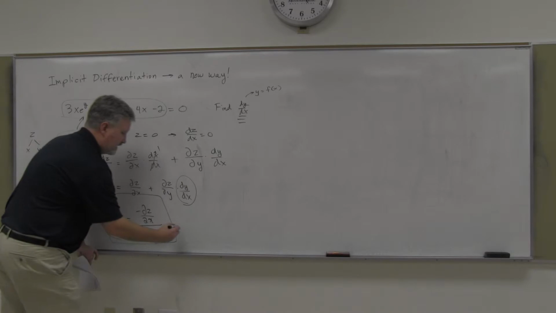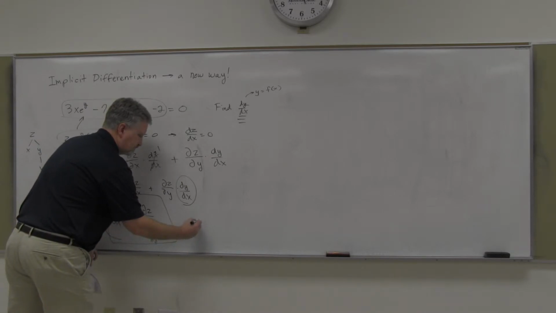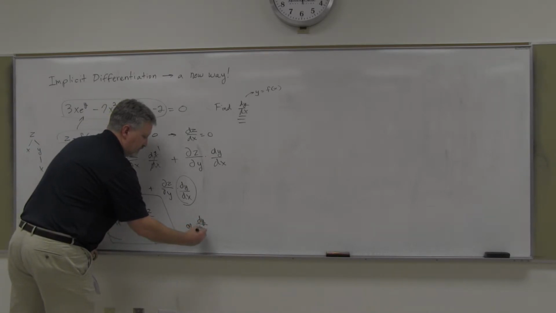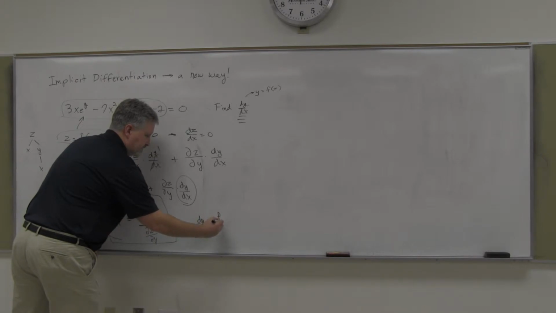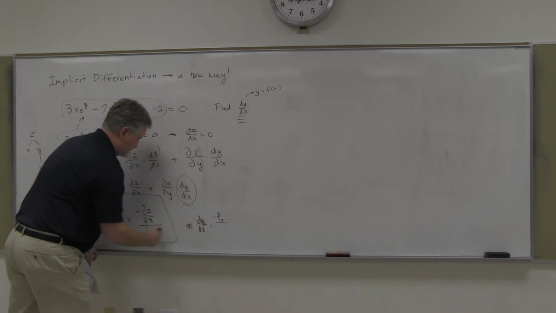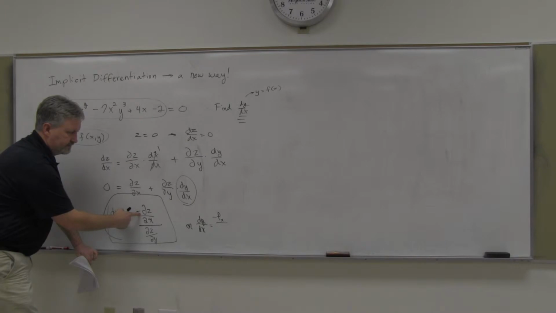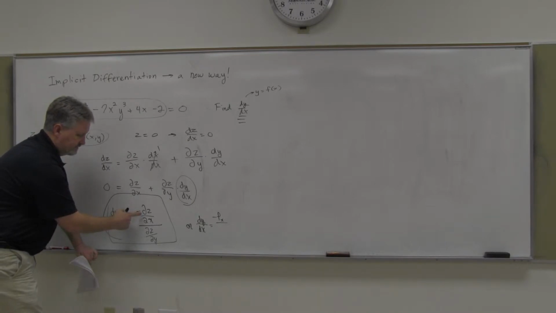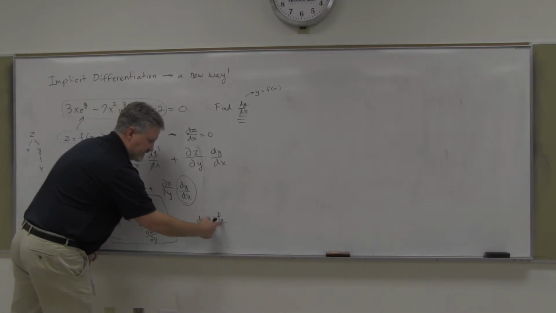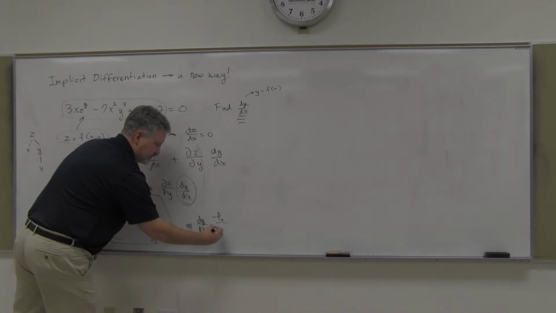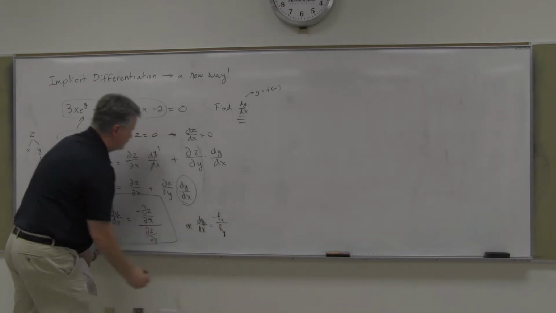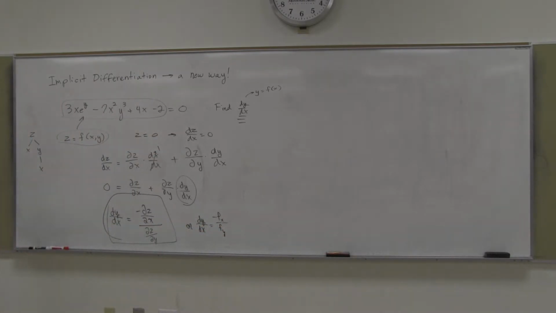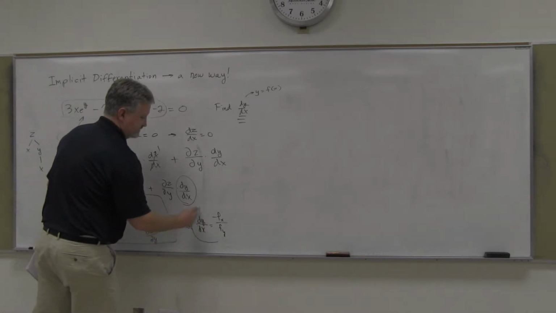Or another way you can write it is, the negative of the partial of f with respect to x, divided by the partial of f with respect to y. Maybe an easier way to remember it.